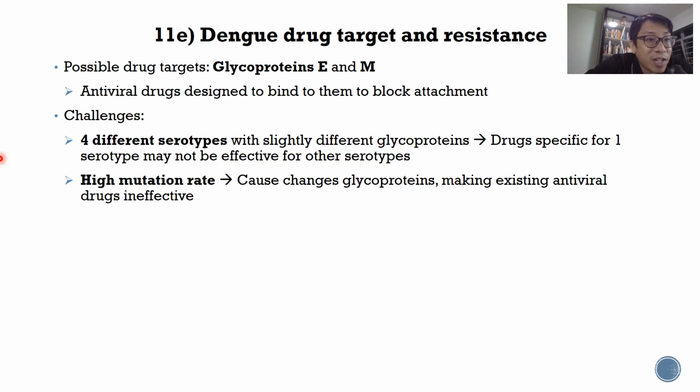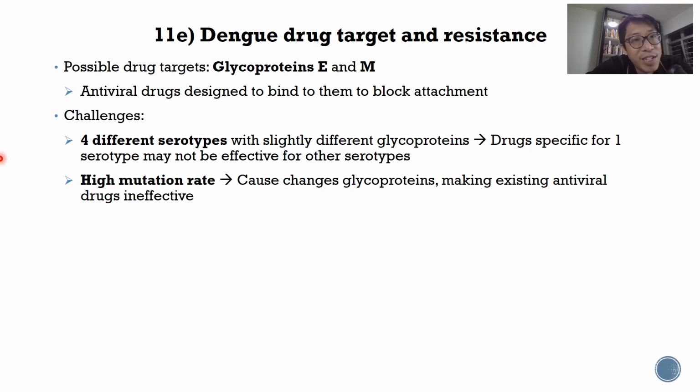A second problem with developing drugs is, of course, the high mutation rate of the virus. Remember that part of the dengue virus reproductive cycle requires RNA-dependent RNA polymerase. We have looked at earlier that RNA-dependent RNA polymerase is more error-prone and doesn't have the ability to check for errors.